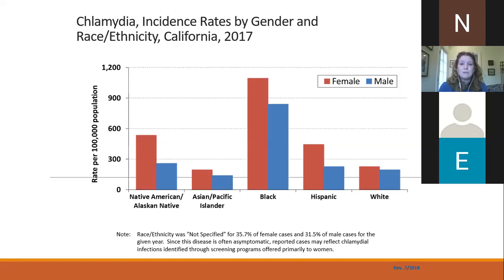Some of it may have to do with social network, but I think a lot of it has to do with decreased access to health care, because we see this in so many different diseases, and it's a horrible thing that we need to really figure out and address. I know you hear the numbers with COVID, with diabetes, with high blood pressure, and again, you see this with STIs as well.